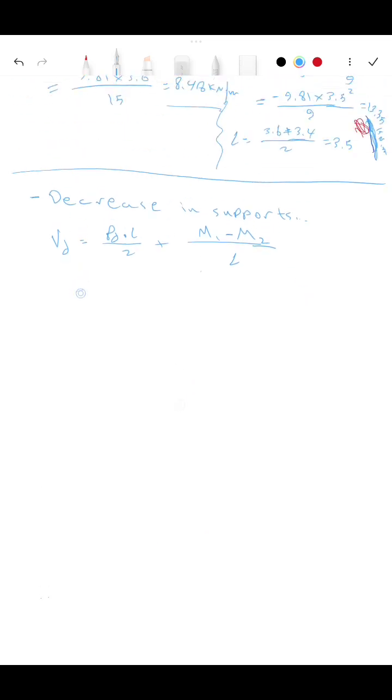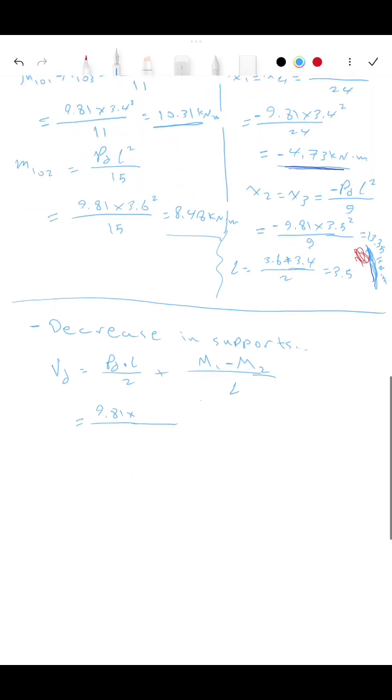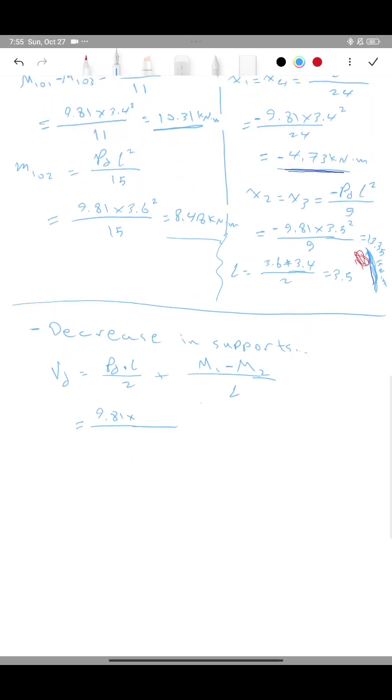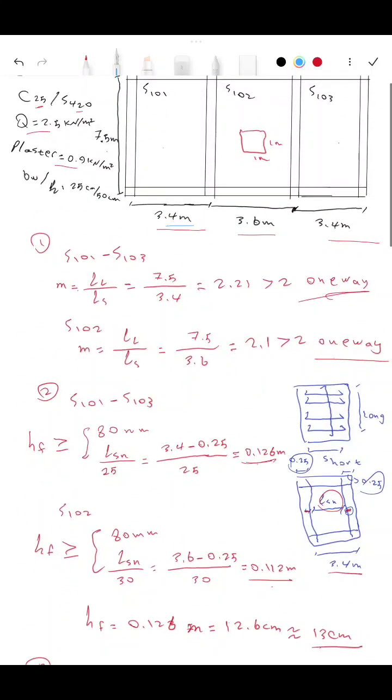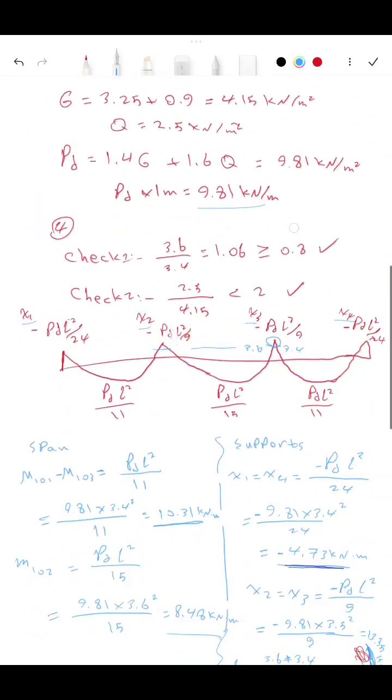So PD is 9.81 times L. Since the support is stuck in the middle, we calculate the average L, which is (3.4 plus 3.6) divided by 2, which is 3.5.